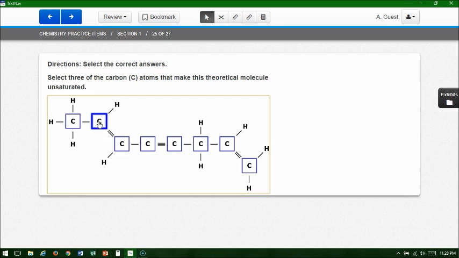Looking for double or triple bonds. So these 3 carbons would be correct. I could also use this carbon if I wanted to, or either of these carbons. As long as it's part of either a double or a triple bond, then that would be what makes the molecule unsaturated.